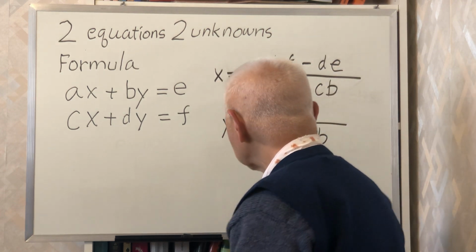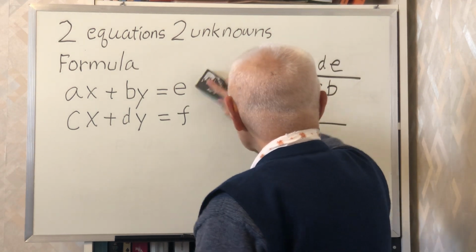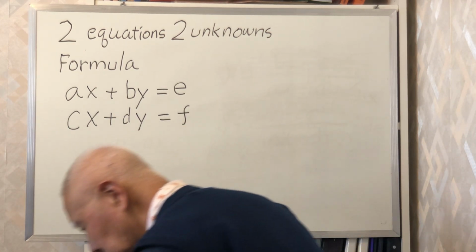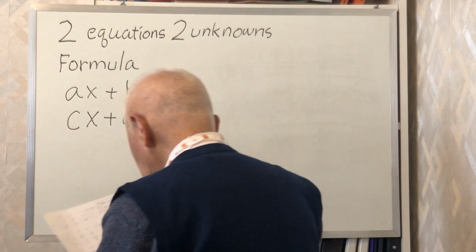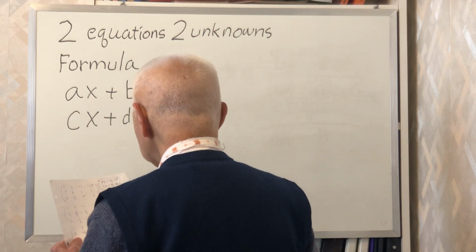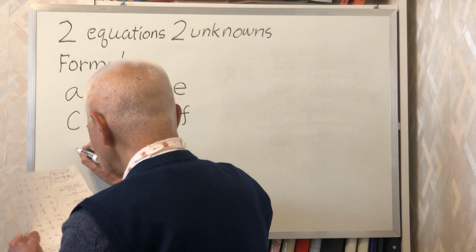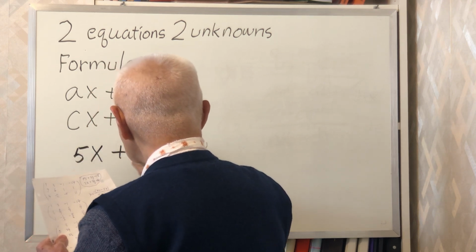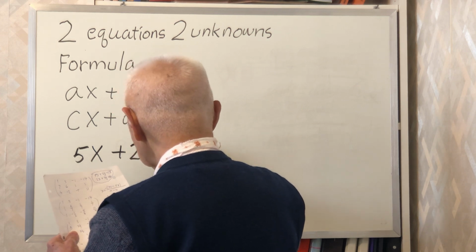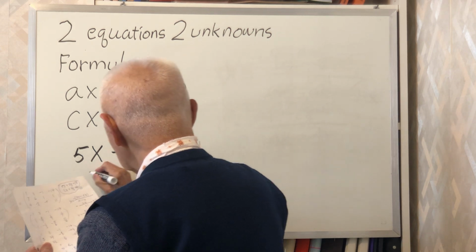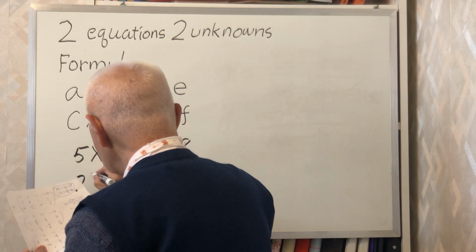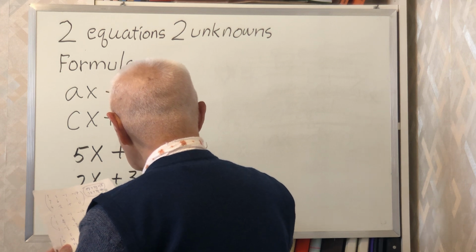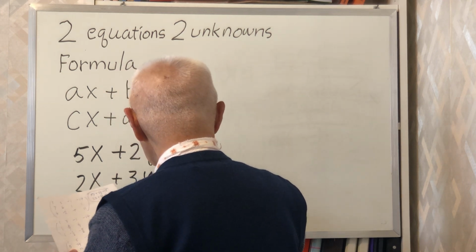Let's do an example. 5x plus 2y equals 18, and 2x plus 3y equals 16.